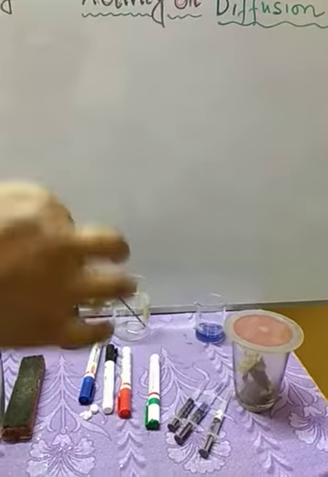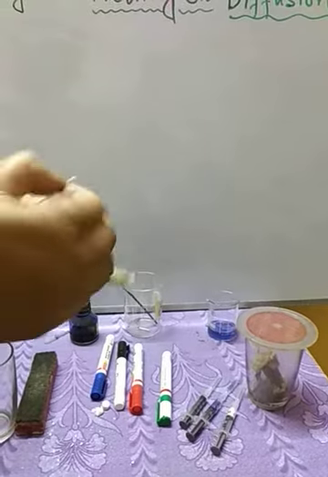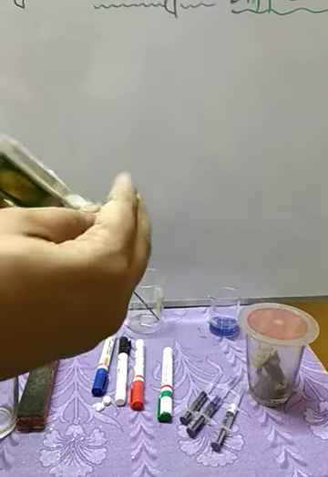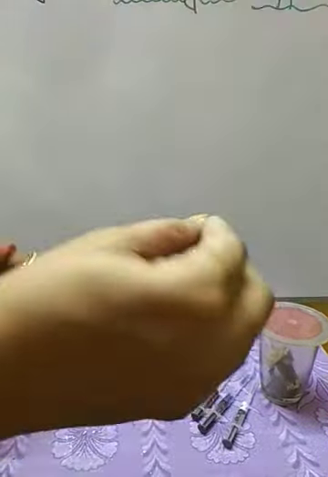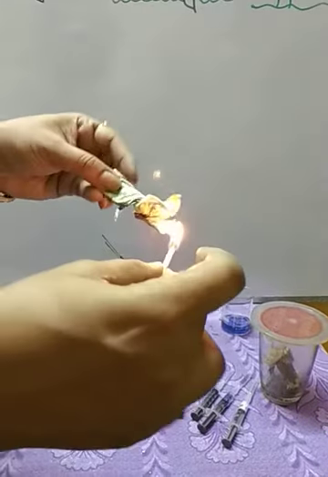Why are we making smoke? Because the color of smoke is grayish or black, so it can be easily visible through the glass.